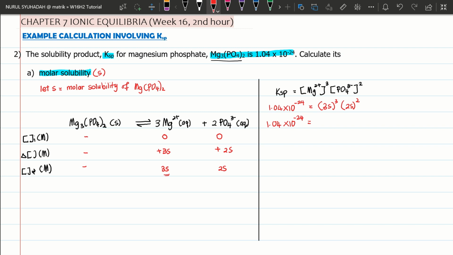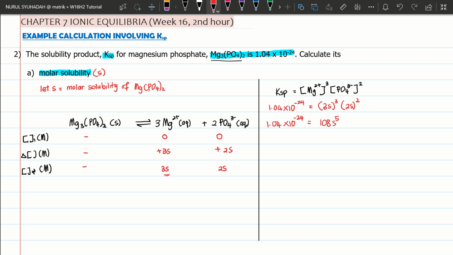Okay, so dekat sini, okay, 3s kuasa 3 darab 2s kuasa 2. So 3 to the power of 3 is 27 darab dengan 2 to the power of 2, 4. So you will get 108 s^5 dekat sini.